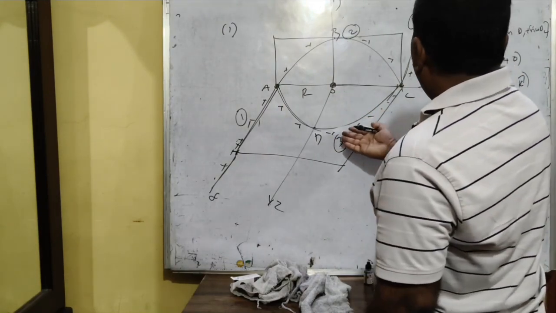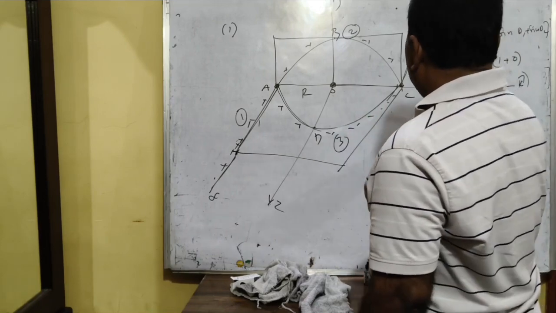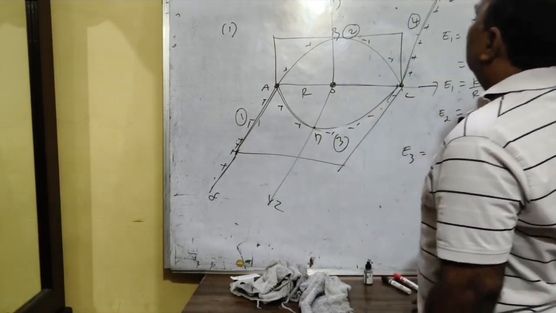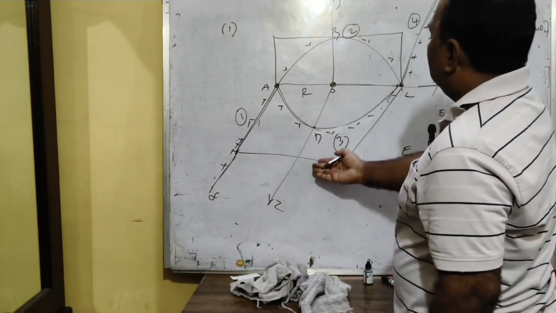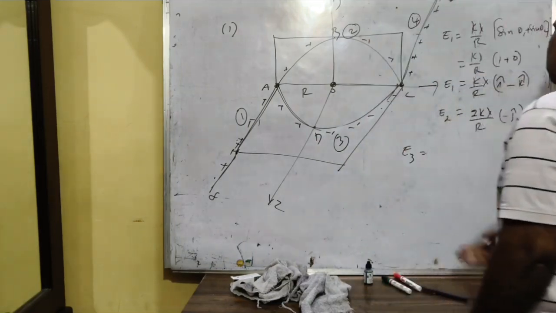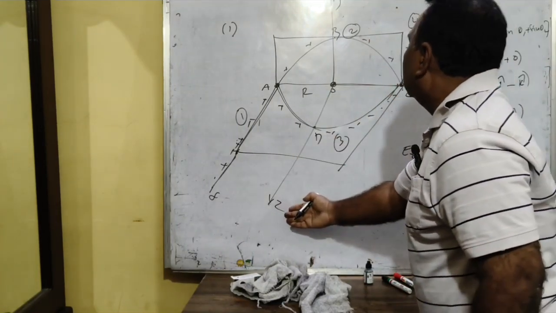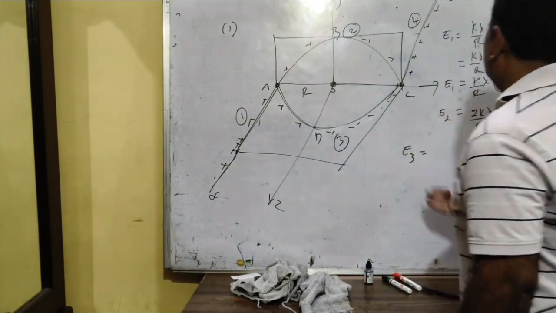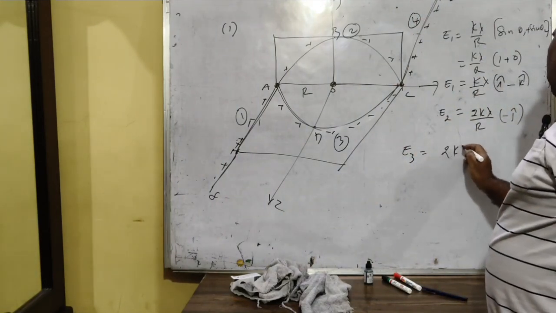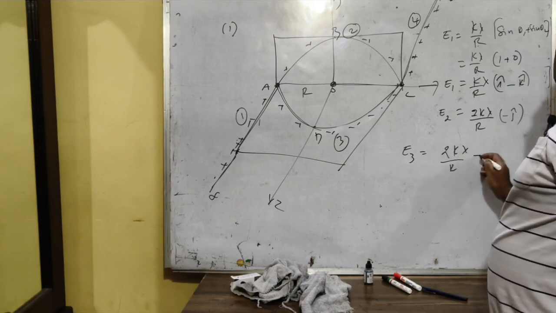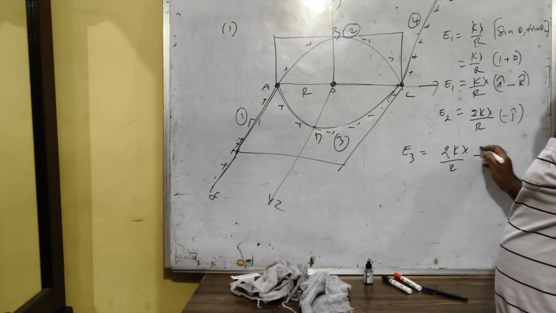But this wire is in the XZ plane, so this is also perpendicular to the z-axis, but again towards the center, opposite. This is the positive z-axis, opposite is the negative z-axis. So that's why this also is 2kλ by R into minus k cap.